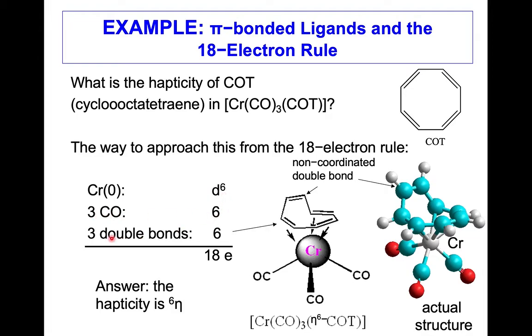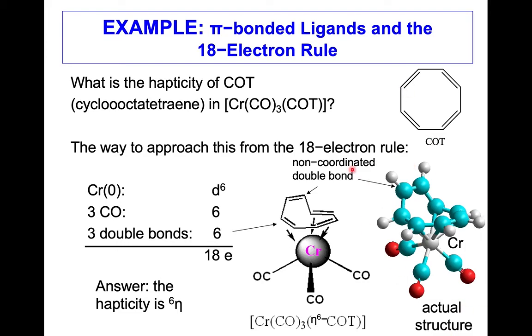And so we need to get 6 electrons from cyclooctatetraene, which could donate up to 8. And so what it's going to do is it's going to form η6 cyclooctatetraene. It's going to coordinate to attach to 1, 2, 3, 4, 5, 6 of the atoms. So both carbons of this double bond, both carbons of this double bond, and both carbons of this double bond is 6.